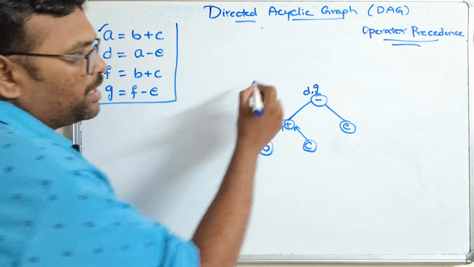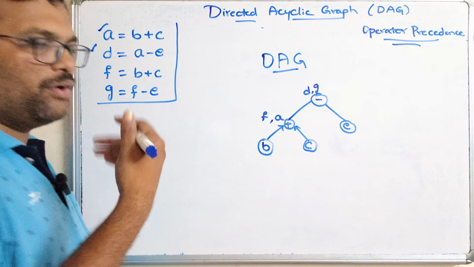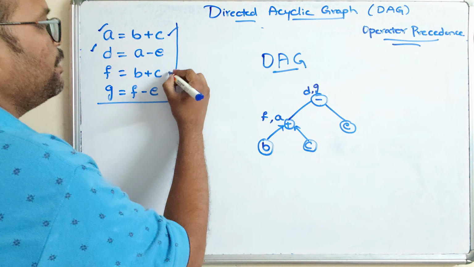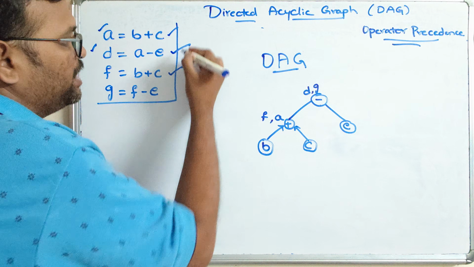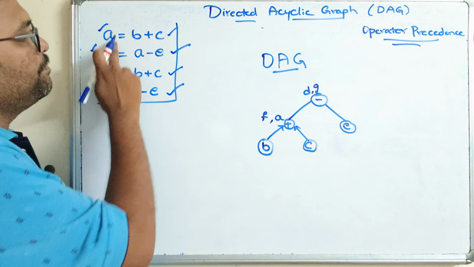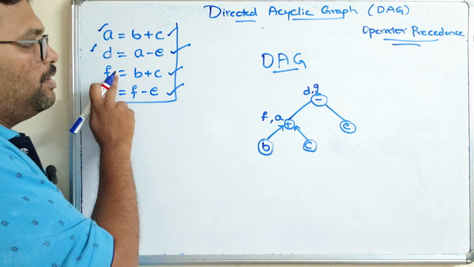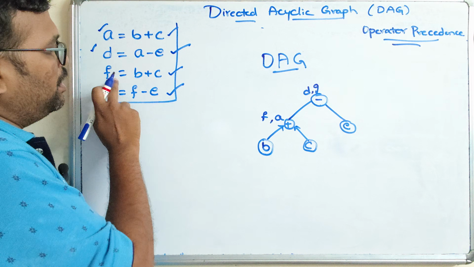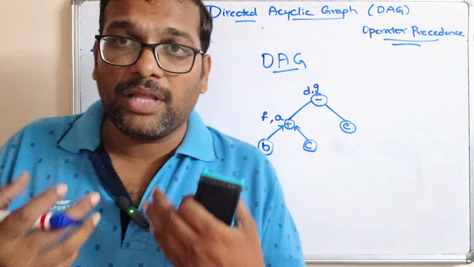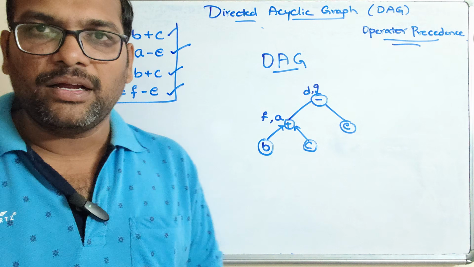Like this we can construct a directed acyclic graph. What we have done is avoid the repeated computations. Here you can see B plus C is repeated, and A minus E and F minus E are also the same, because A and F are equal. So two computations are repeated, and we are avoiding that in representing the DAG.